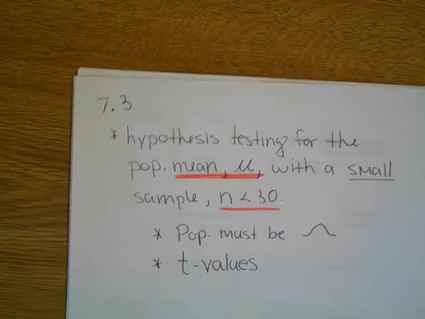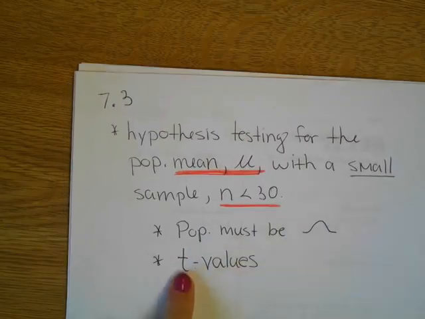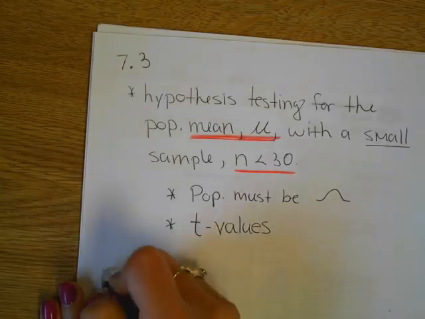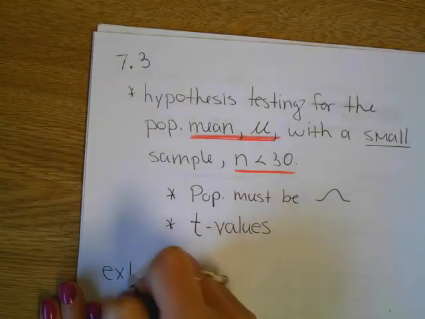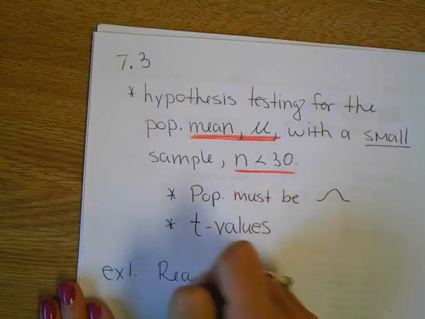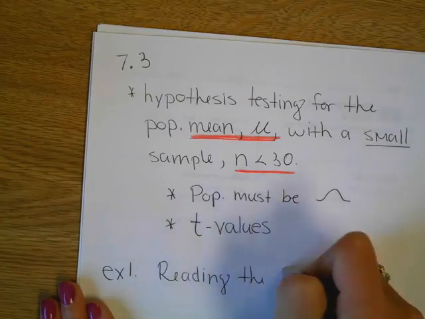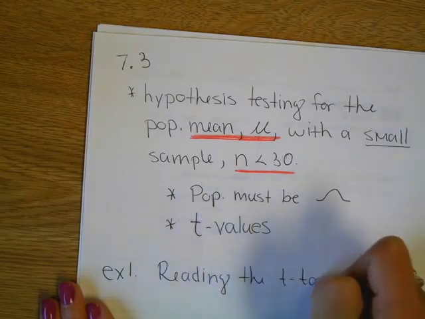All right, so let's read the t-table first. So our first example is going to be reading the t-table. Then I'm going to take you through one hypothesis test, and then you're going to be done, because you learned how to do it yesterday. All right. Reading the t-table.